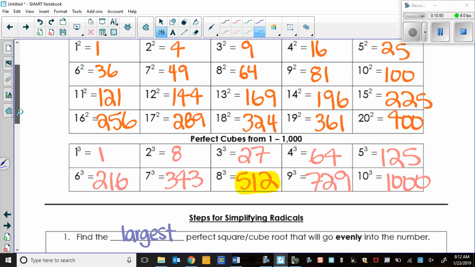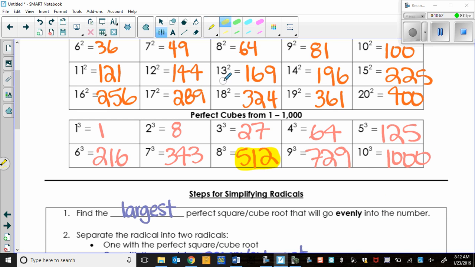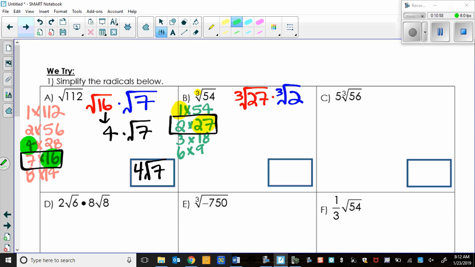Well, if I look here at my chart, I have the cube root of 27 right here. So that's already a perfect cube. Okay. So then the cube root of 27 is going to be 3 times the cube root of 2, because I can't really simplify that even more. So my final answer is 3 times the cube root of 2.